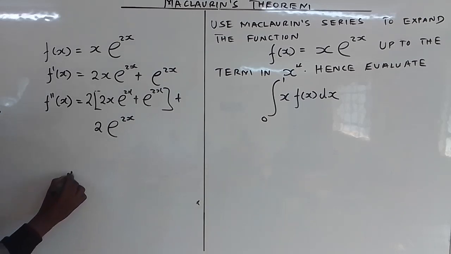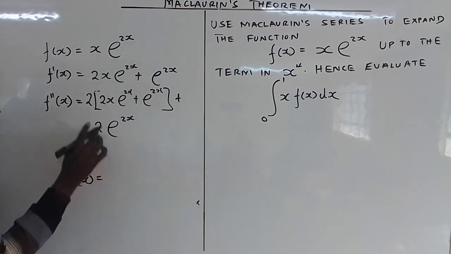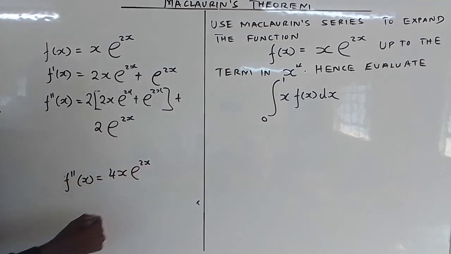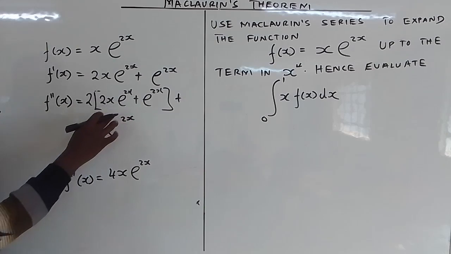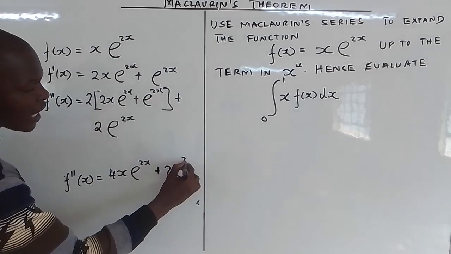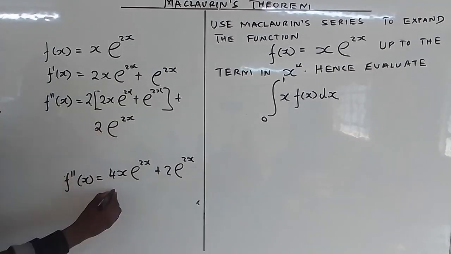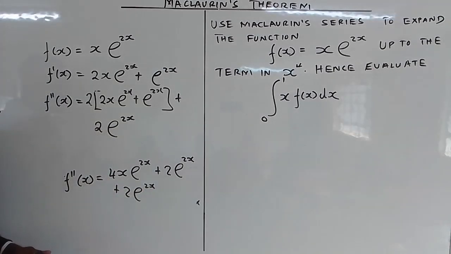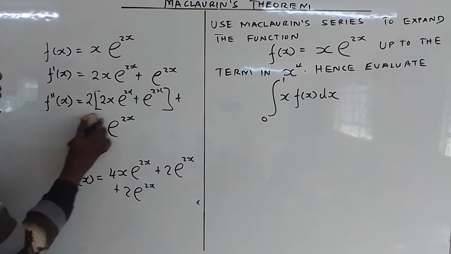We want now to simplify. F double prime of x: 2 times 2, 4x exponential 2x, then 2 times exponential 2x, you get 2 exponential 2x, then outside plus 2 exponential 2x.